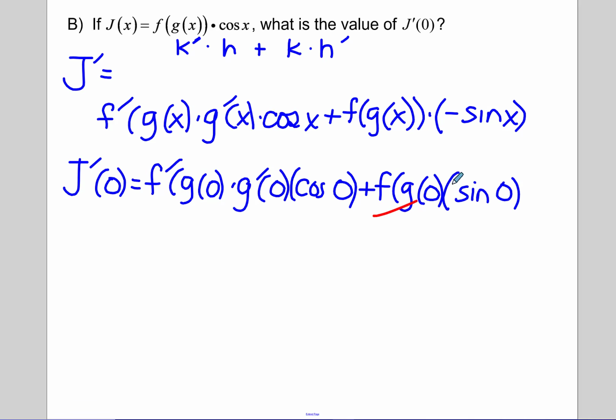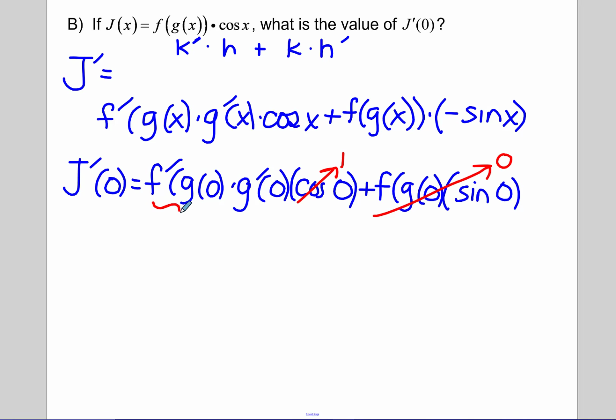So this whole half can get eliminated because the sine of 0 is 0. And this piece, cosine of 0, is 1. So we just really need the g of 0, the f prime of g of 0, and the g prime of 0 off of our table. So let's go back and look.